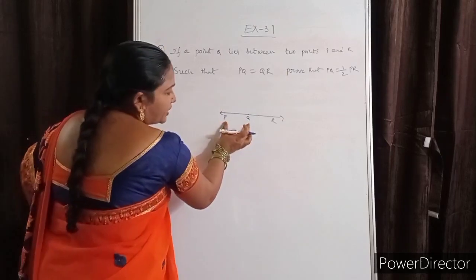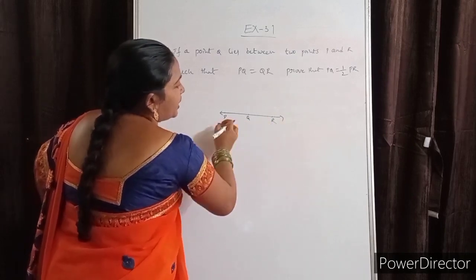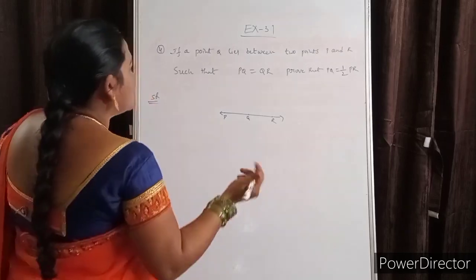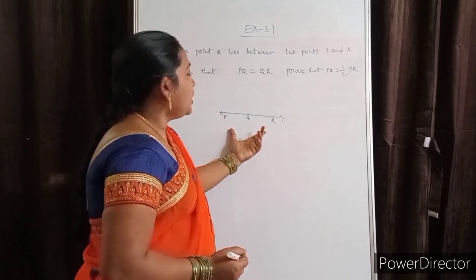So, PQ length is equal to QR length. Prove that PQ is equal to half of PR.